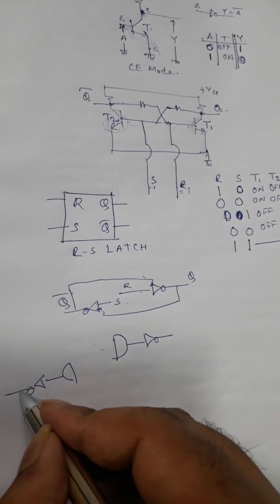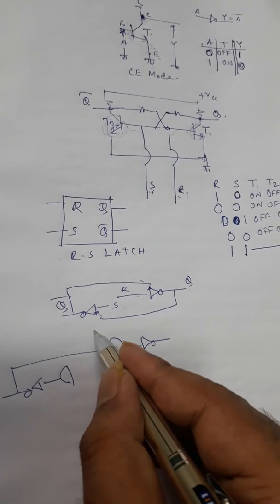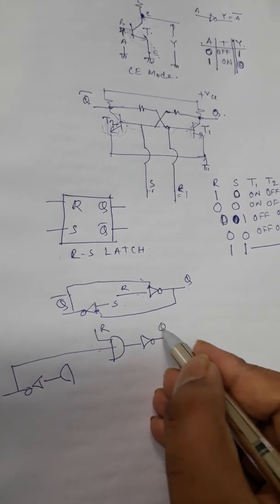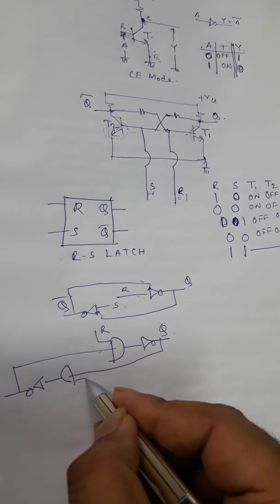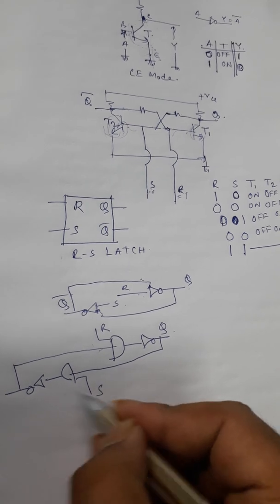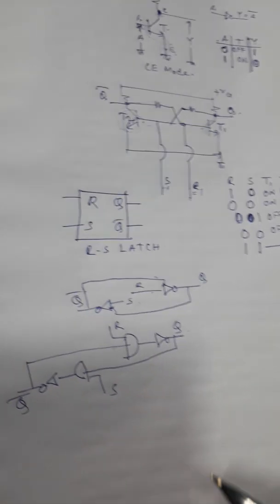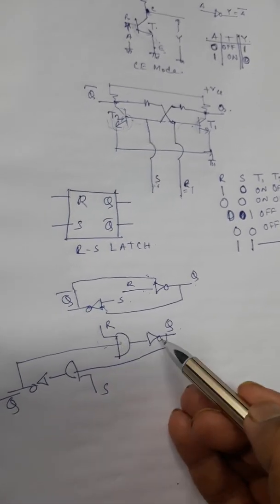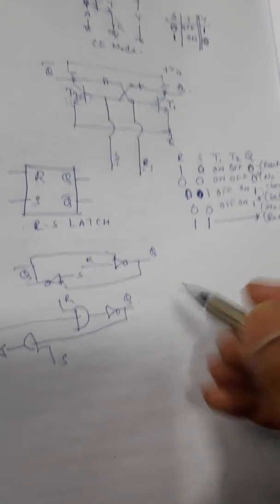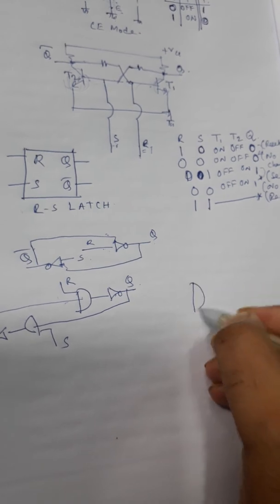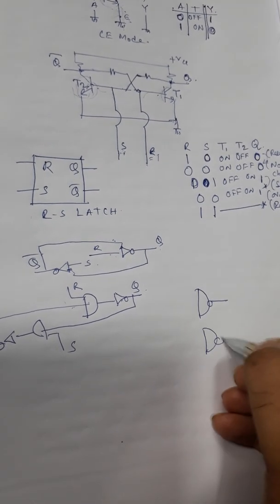Now this will go to here, and this is R, this is Q, and this will come down to here, and this is S, and this is Q bar. Now AND followed by NOT will be NAND, and if we draw the picture correctly, this will become this.